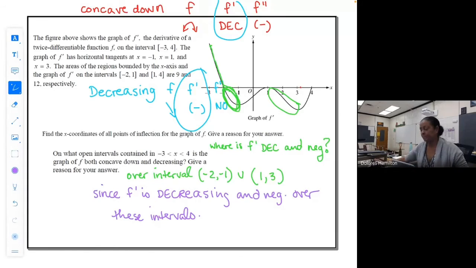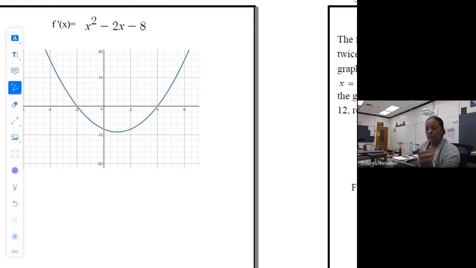Since I have you as my captive audience for a minute, let's just look at this graph of f prime, and let's tease out whatever information we can from this graph. So here is the one thing I know.